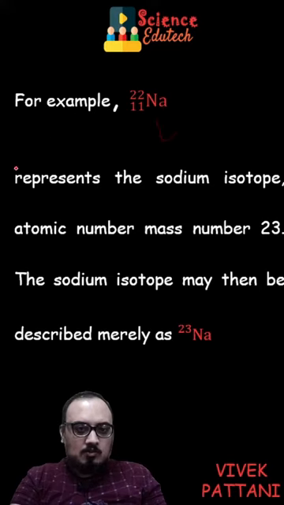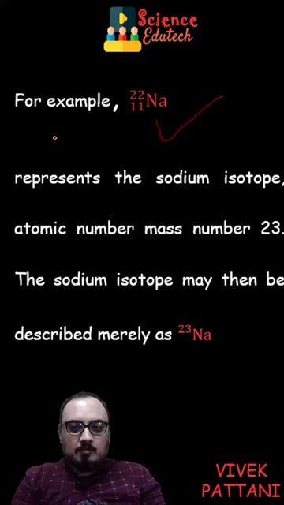This one is an isotope of sodium, where the superscript to the left of the chemical symbol indicates the mass number, while the subscript to the left indicates the atomic number Z. So in this case, for a sodium isotope with mass number 23, the isotope may be described merely as 23 sodium, whereas 22 is a mass number and 11 indicates the atomic number.